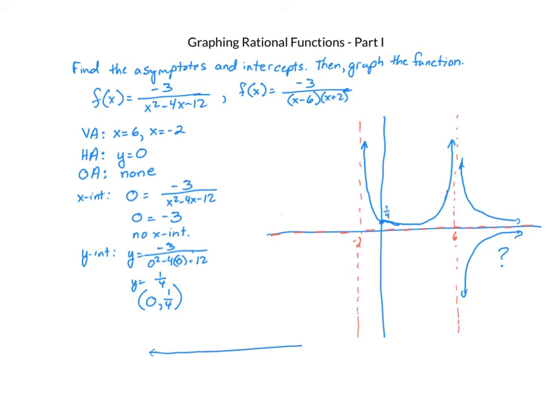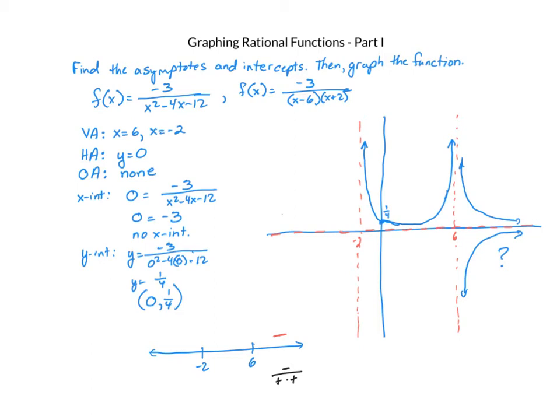Our critical values for this function are at 6 and -2. And if you pick a number to the right of 6 and throw it into the original function, you'll notice you'll have a negative over a positive times a positive. You could just put a number like 8 in there and you'd have a negative over a positive times a positive. And that is negative.